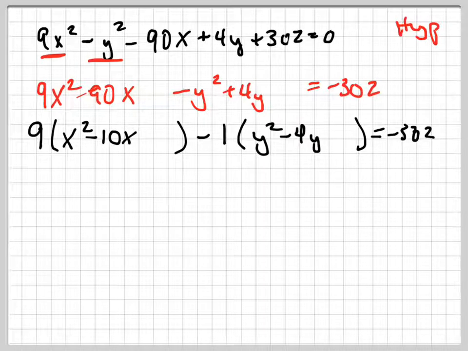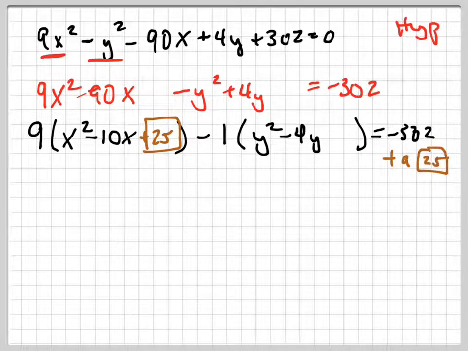Now what I'm going to do is add the same thing to both sides, which is half of this squared, which is 25. So I'm adding 25, which means I have to add 9 times 25 to the right side. I'm adding half of this squared, which is -2 squared, which is +4, but I'm really adding a -4, so I have to add a -4 to the other side as well.